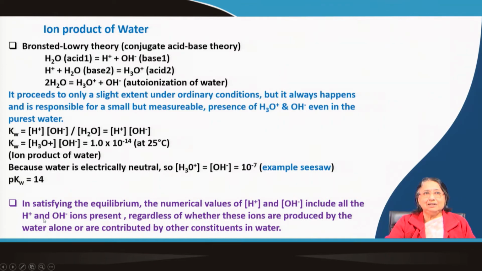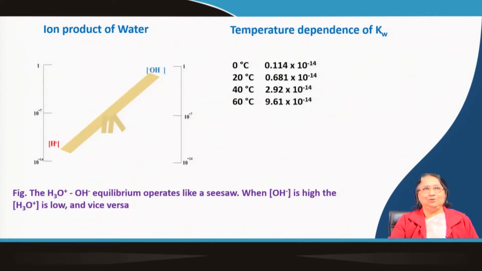When the H+ ion concentration becomes higher, the OH- ion concentration must go to a low value. This is just like a seesaw. We all played on a seesaw in our childhood days. Some child sits here and another child sits here, so sometimes it goes down, sometimes it goes up.